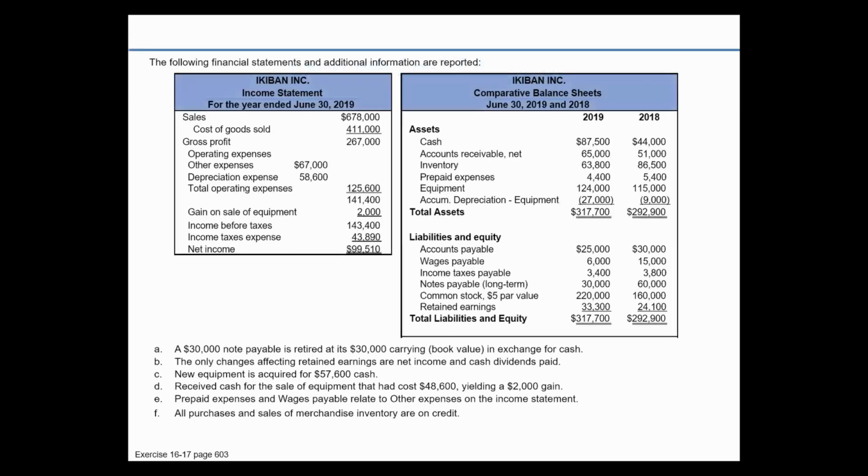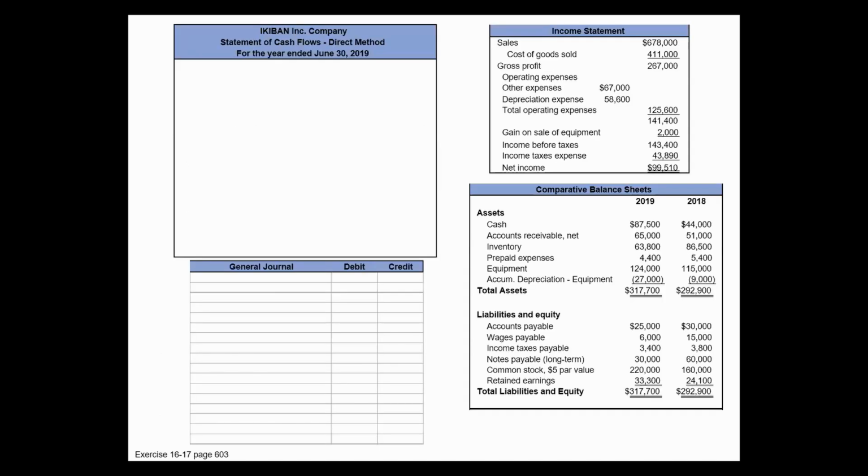Go ahead and prepare the actual statement of cash flow using the direct method. So again, we're looking at the same thing, ECABAN, but this time for the first part, it's going to be the direct method. So the cash flow from operating activities, investing activities, financing activities. The first thing is you have to do some journal entries. So you have sales.